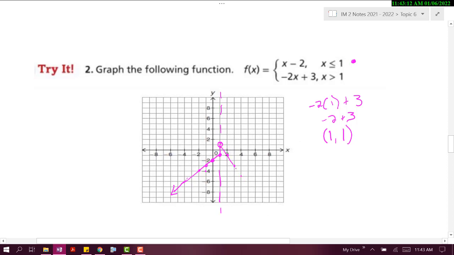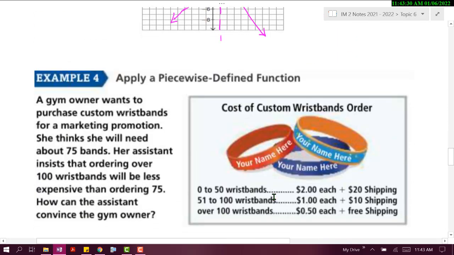Come on. Connect the dots. Excuse me. And we have our piecewise defined function. Looks pretty good. You can erase this dotted line if you want to get rid of it. I don't care if it's on the paper when I grade your tests, so doesn't really matter.